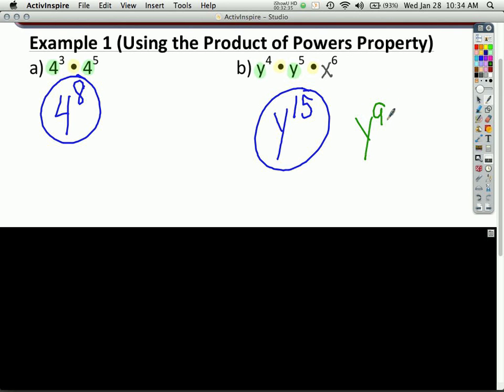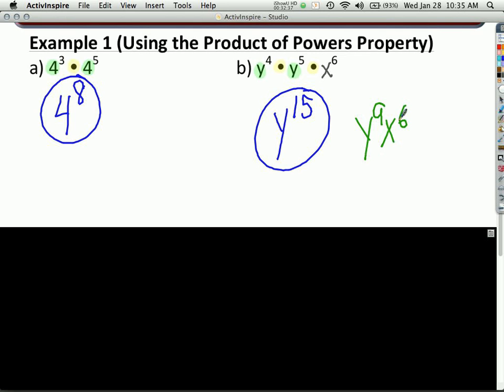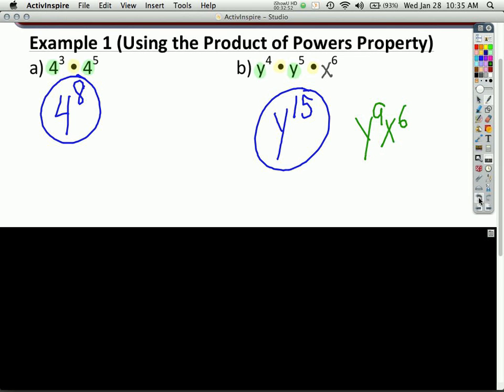Y to the 9th, x to the 6th, and that's it. You can't do anything because they don't have the same base. So I appreciate what Cheyenne offered, that maybe you put them together. She was trying to work it out, and that's great. But the reality is that if they don't have the same base, you cannot do anything with them. Okay? Any questions about that?